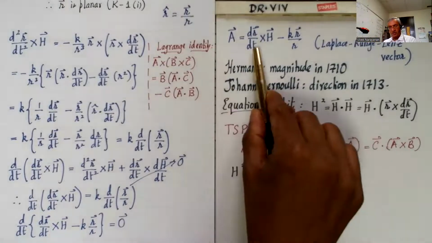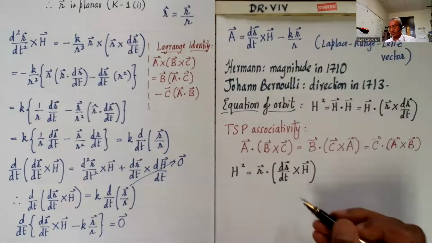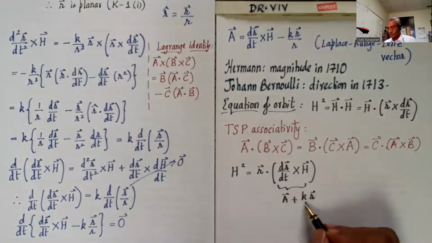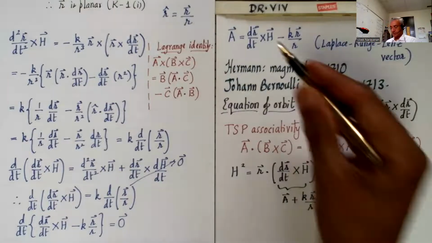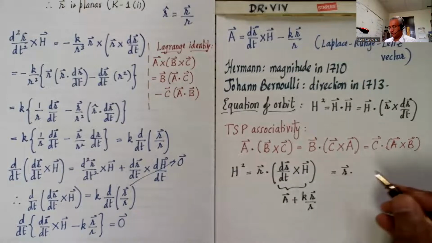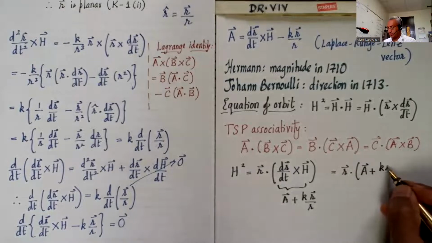A is equal to dr by dt cross H minus kr over r. Therefore, dr by dt cross H is the same as A plus kr over r, because all I'm doing is taking this to the left side to get that. Let me substitute. So I get r dot A plus kr over r.